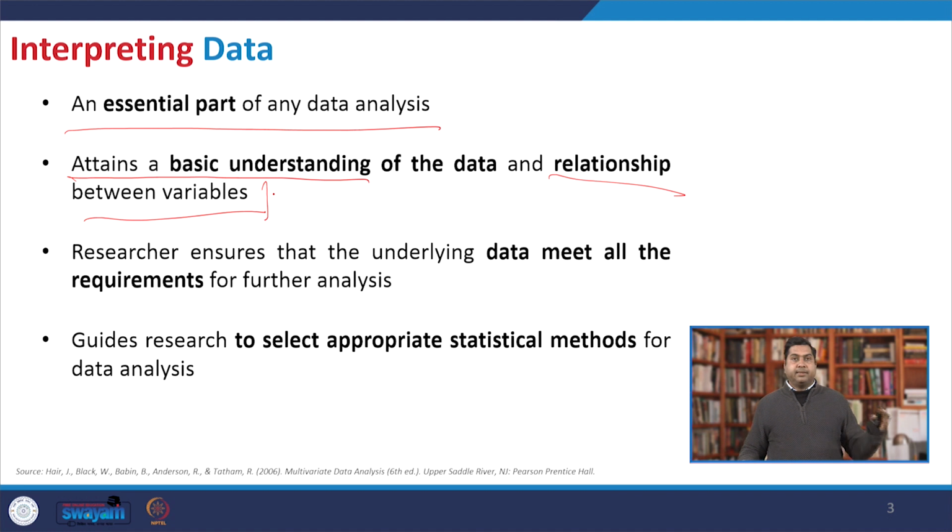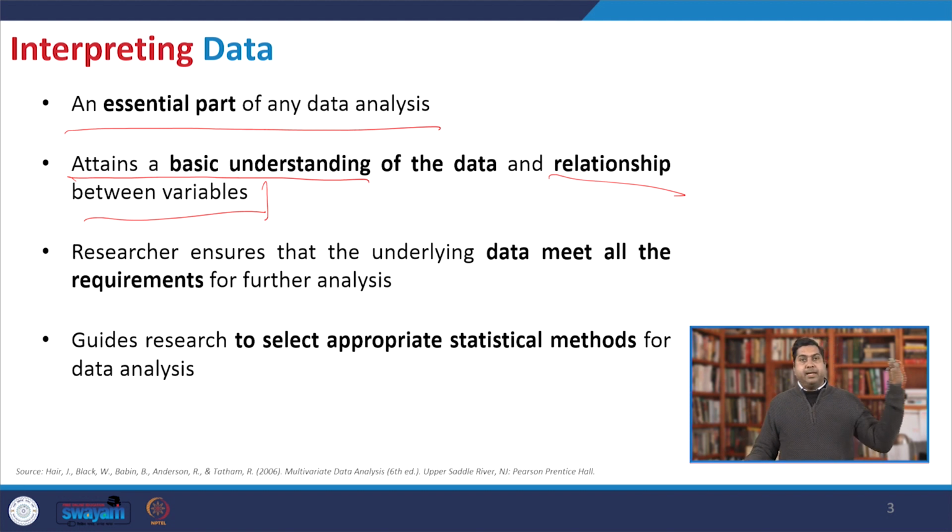So, if there is only one variable and you try to see the frequency and other things, it is normally referred to as univariate data. If you have two variables and you want to see the relationship, maybe the correlation, how they are associated, how changing one will impact the other, then that is called bivariate.